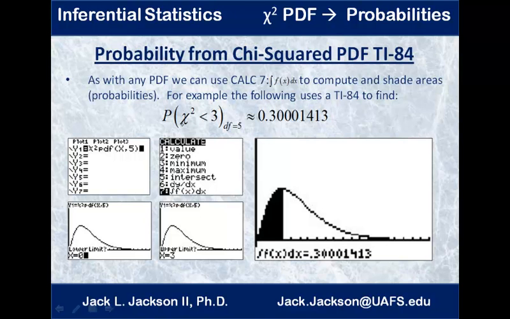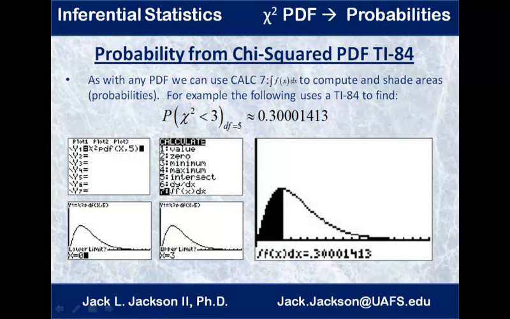So what if we want to find the probability that chi-square is less than 3? Again, we have 5 degrees of freedom. So our formula needs to be chi-square PDF x, comma 5. The first number is your x value, which is going to be a variable x. The second number is our degrees of freedom, which is 5. We go to Calc, second trace, and hit number 7.